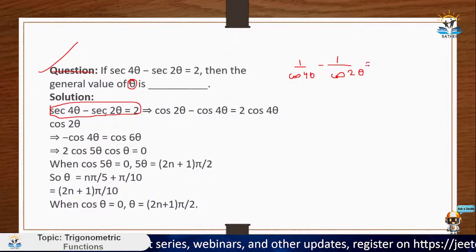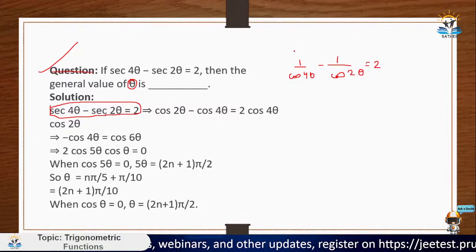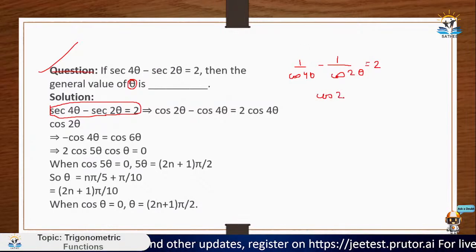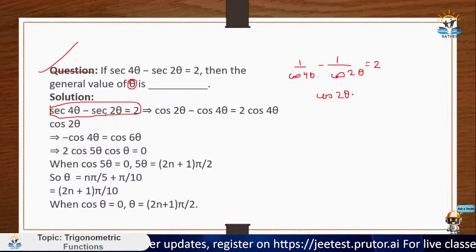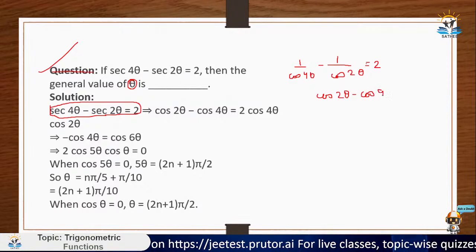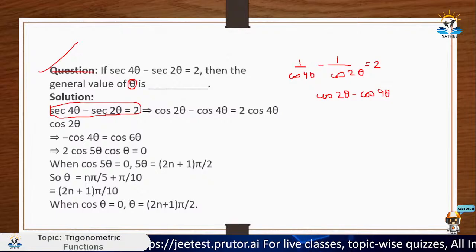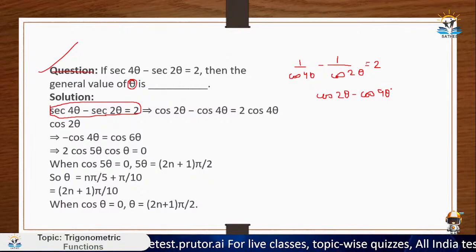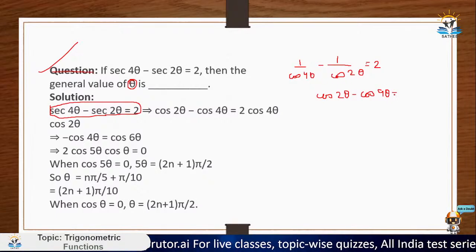I've just written the second form in cos. So now take the LCM: cos 2 theta minus cos 4 theta upon cos 2 theta cos 4 theta. So that will go that side. So you will get 2.